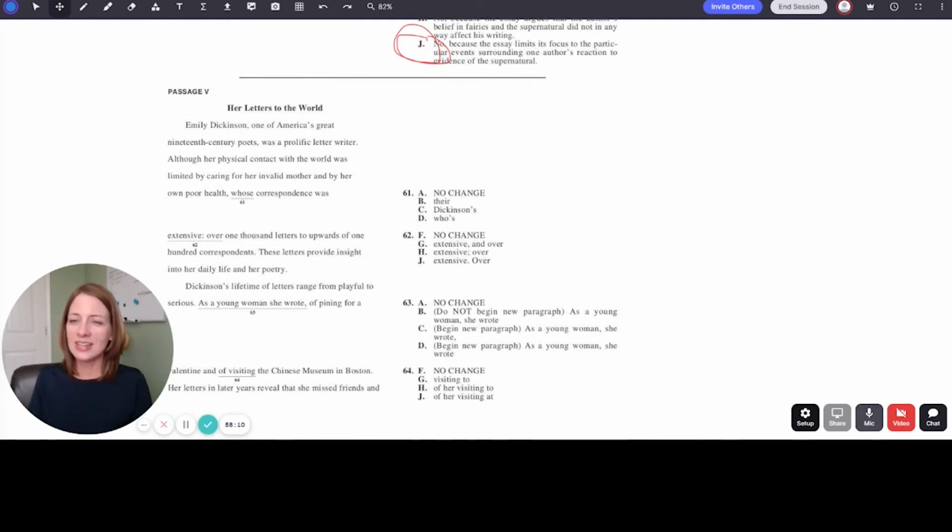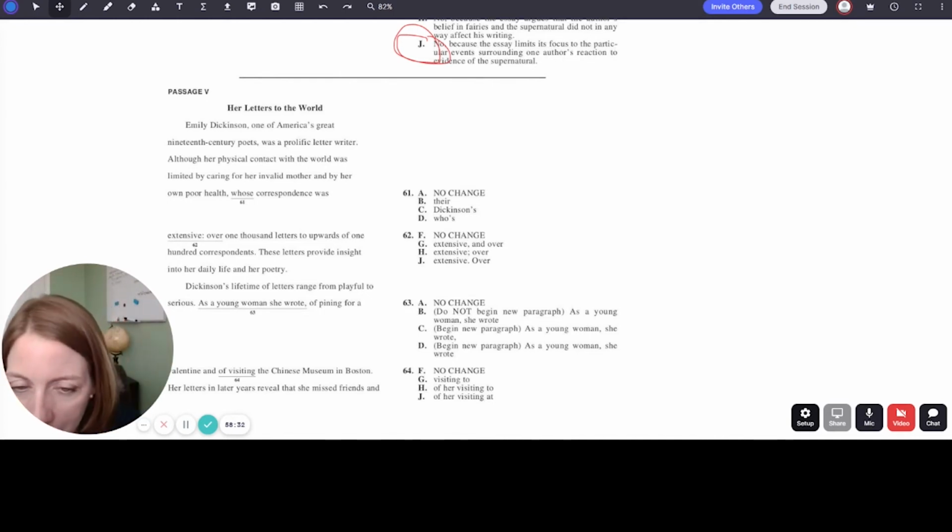All right. Emily Dickinson, one of America's great 19th century poets, was a prolific letter writer. Although her physical contact with the world was limited by caring for her invalid mother and by her own poor health, whose correspondence was extensive. Okay.